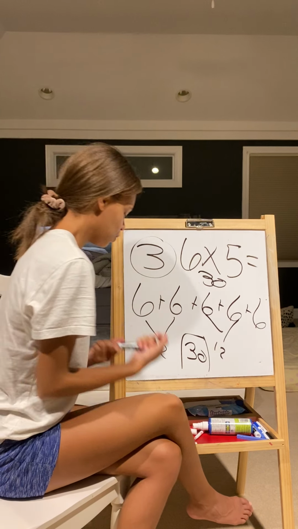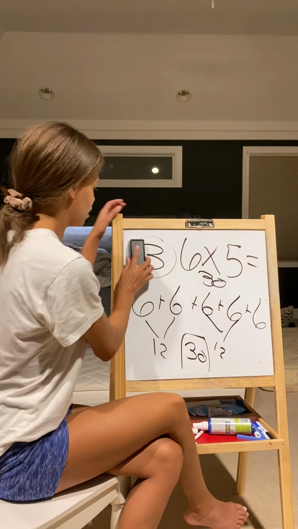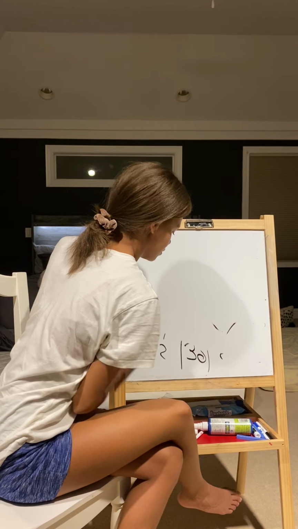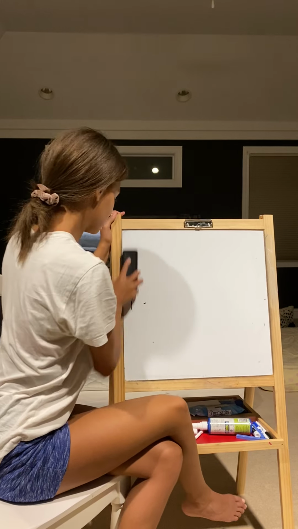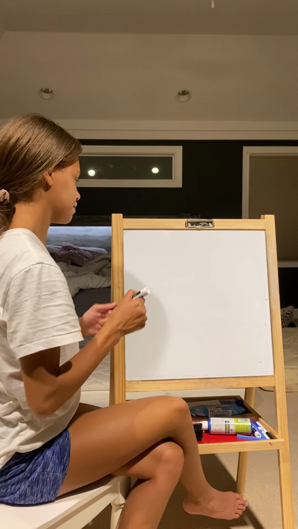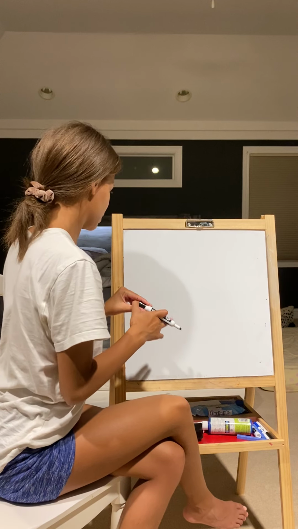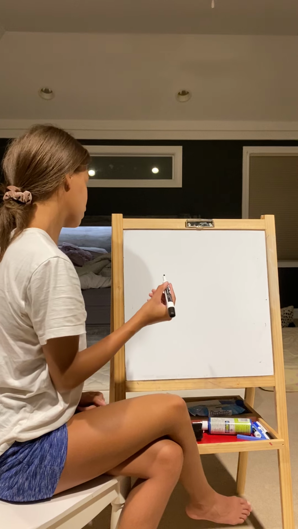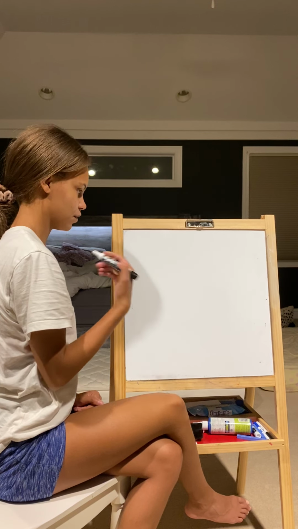All right, so we're gonna do one more. Basic gist of multiplication. Okay. And then for this one we'll do 3 times 7.